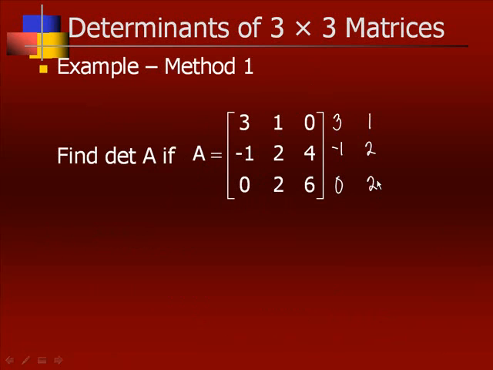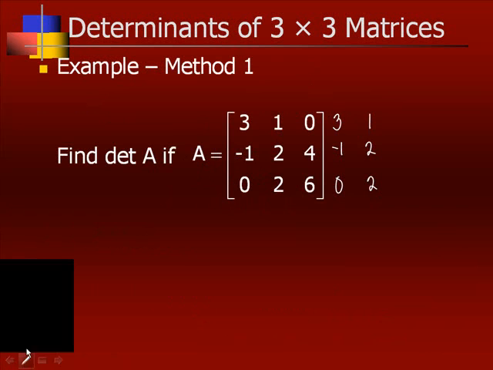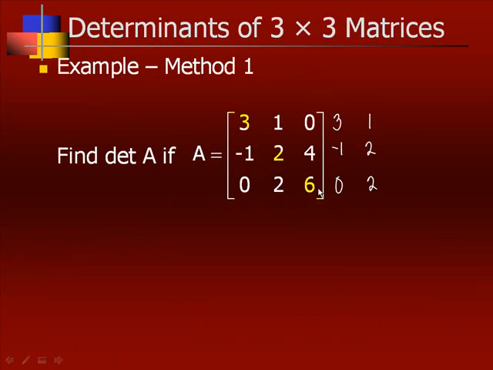columns. And then what you're going to do, let me switch over to a highlighter for a minute. Okay, so you're going to go this diagonal plus this diagonal plus this diagonal. Then when you run out, you're going to come back up here and say minus this diagonal minus this diagonal minus this diagonal.